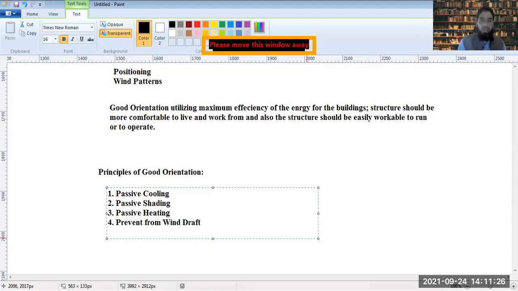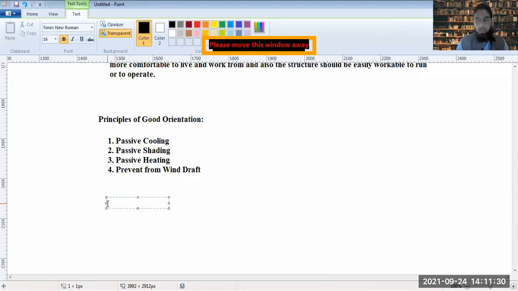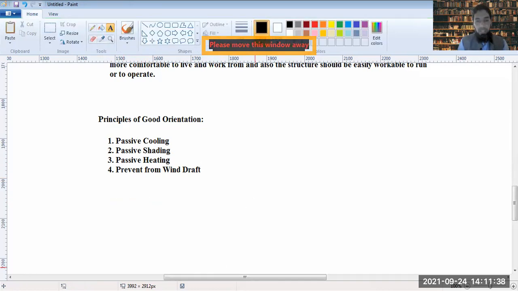In our case, we have the westerly winds mostly. So it should prevent those westerly winds. So the orientation is based on the climatic conditions of a particular area.